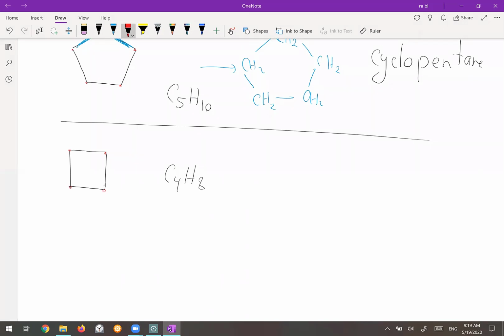So if you put 2 hydrogen for each one of them, totally you will have 8 hydrogen. What is the name? Cyclobutane. Exactly, cyclobutane. Okay, what is the smallest member of this homologous series? How many carbons are in the smallest member?